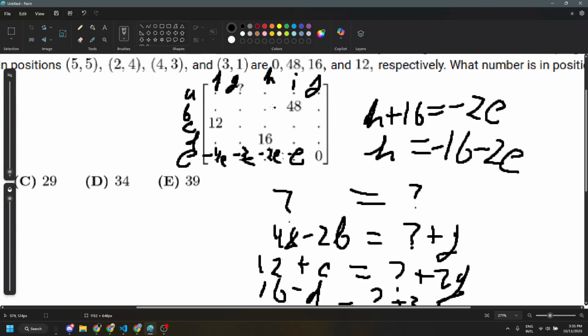Can't, like, if we look here, H is equal to 16 minus 2E. Can we make a relationship between them? Hmm.